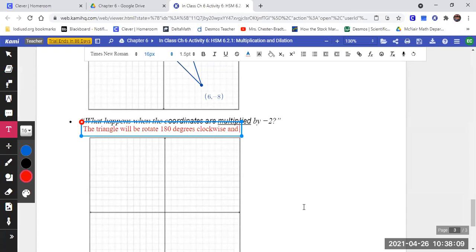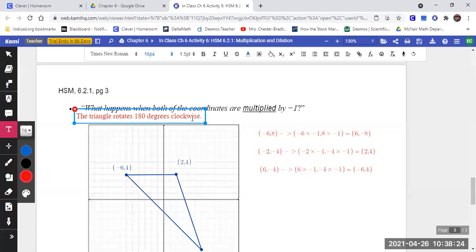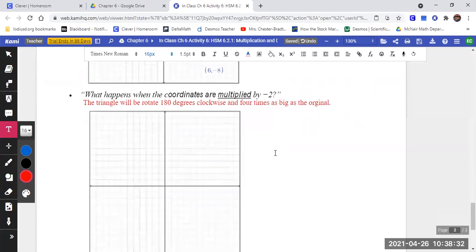Bigger by 4. So it will make it 4 times as big as the original. Okay, and we have to say rotates 180 degrees clockwise from the original. Okay, so 4 times as big.